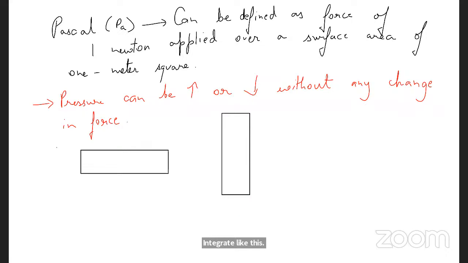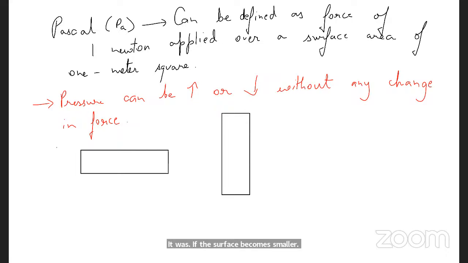Then we have changed the pressure acting on the surface. So basically, if the surface becomes smaller, the pressure becomes larger.